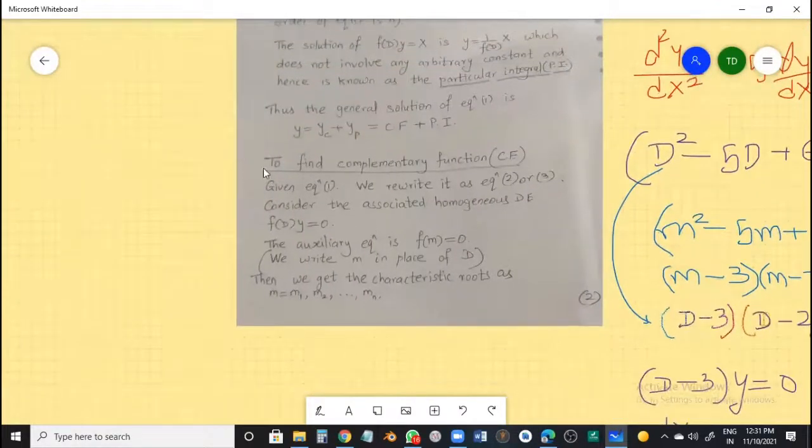So coming back, to find the complementary function, we write the associated homogeneous differential equation. From it, we write the auxiliary equation. We factorize and get the values of m, which we call characteristic roots. Suppose the characteristic roots are m1, m2 up to mn. Because the degree of your equation is n, you'll get n roots.